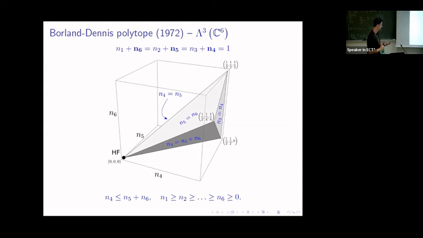So this is not the Pauli hypercube, this is just because these are just 1/2 occupations, but it is contained in a cube. So there is some degeneracy. Some of the faces are given by saturating the ordering constraints. There is one Hartree-Fock vertex, some other vertices, and this face comes from saturating this genuine inequality.